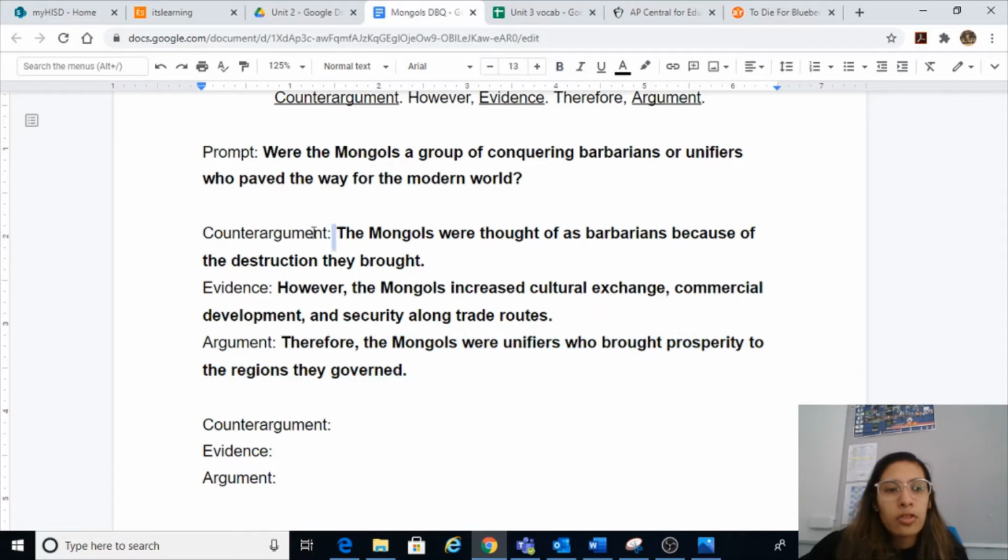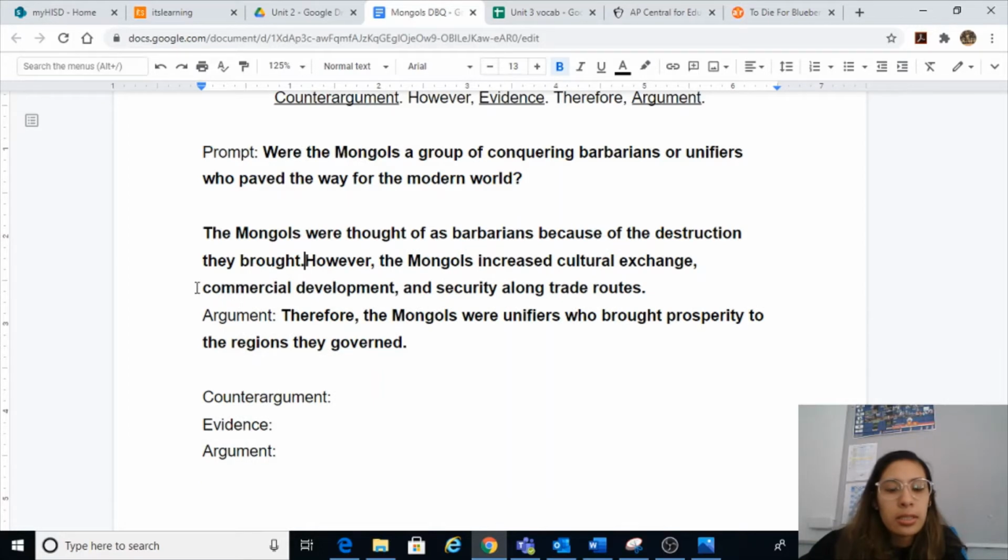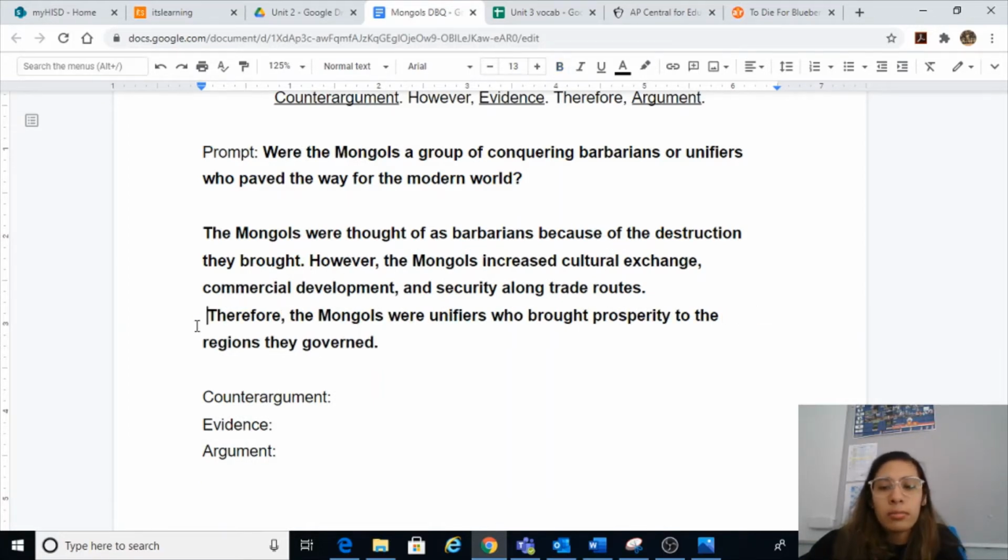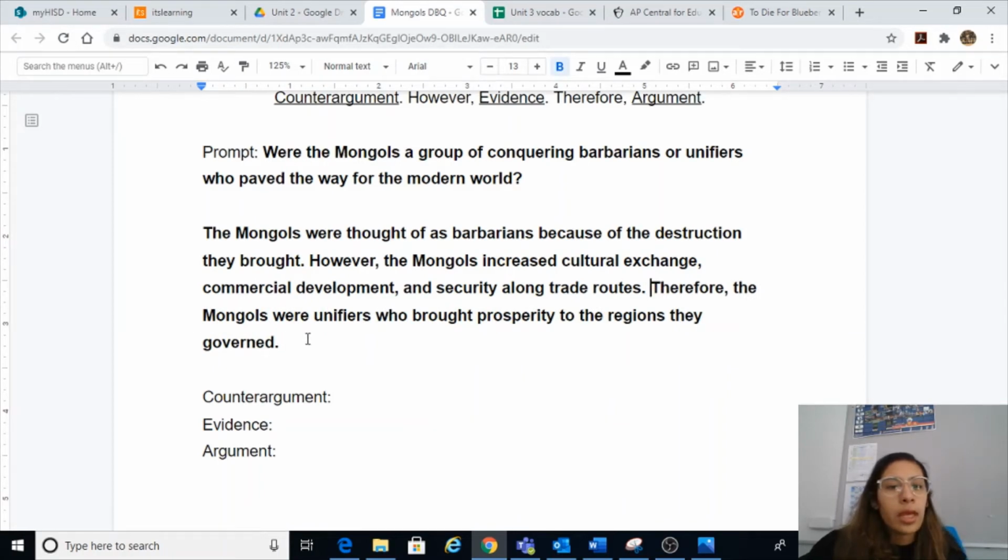Okay, so the way you would do your thesis statement is you would basically erase this, squish it all together, and this is what your full thesis statement should look like. The Mongols were thought of as barbarians because of the destruction they brought. However, the Mongols increased cultural exchange, commercial development, and security along trade routes. Therefore, the Mongols were unifiers who brought prosperity to the regions they governed.